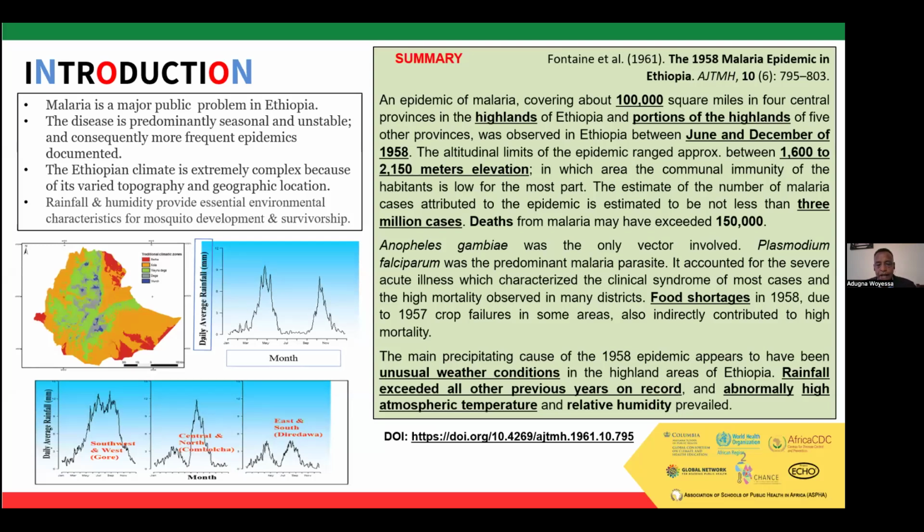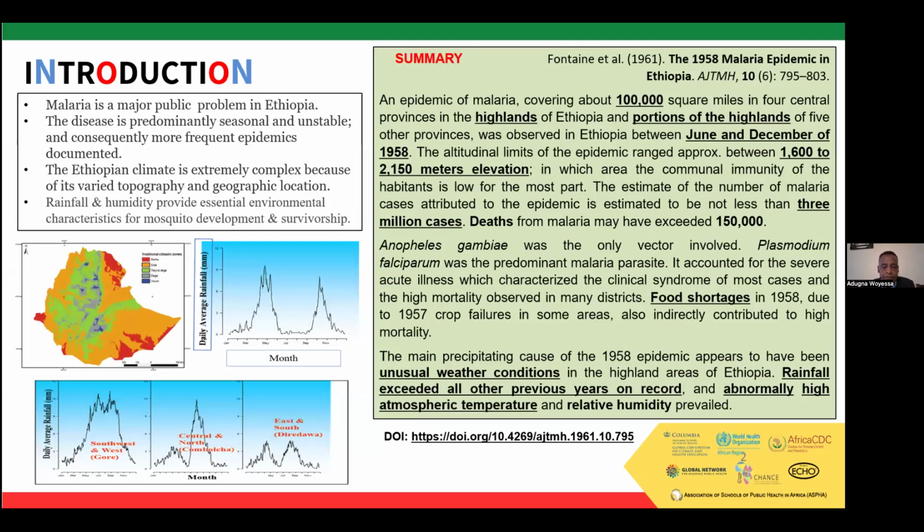This was preceded by food shortage during 1957, that means a crop failure, which is associated with high mortality.